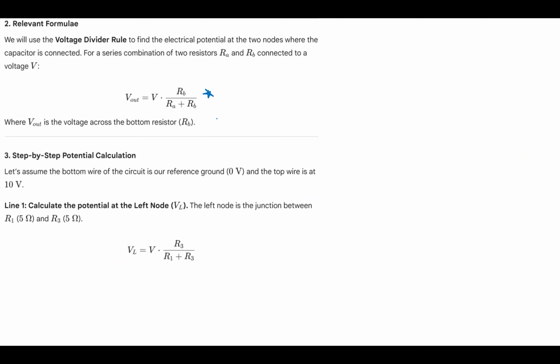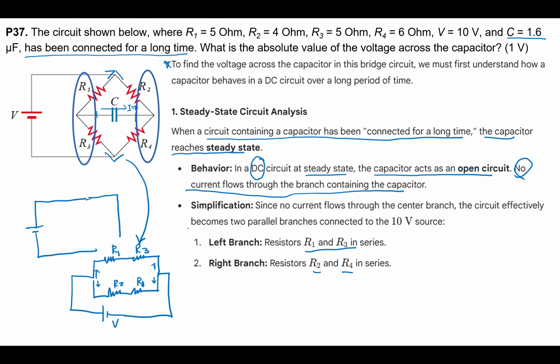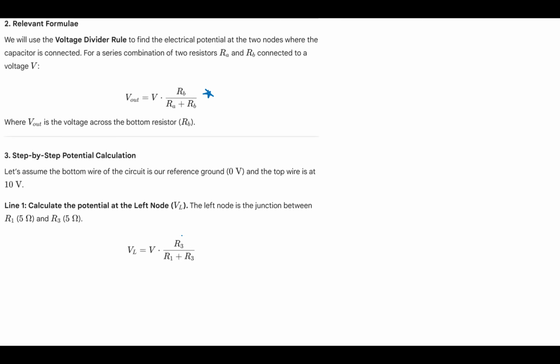So for a series combination of two resistors, RA and RB, we get this relationship. There is a series combination of two resistors, A and B, and then we have a voltage V here.